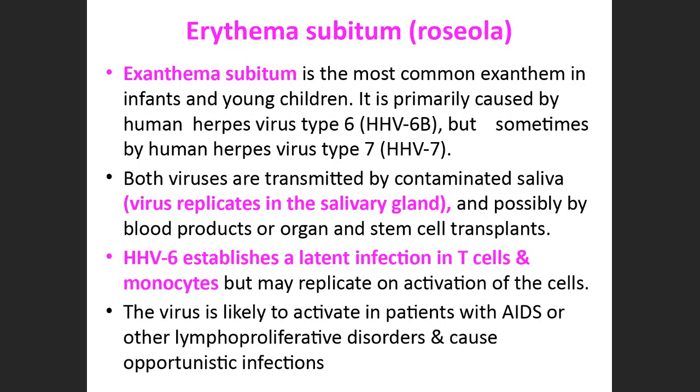Here the virus replicates in the salivary gland of the patient. Then the virus establishes a latent infection in T cells and monocytes, and it may also replicate on activation of these cells. Very importantly, in immunosuppressive and lymphoproliferative disorders, the virus is likely to activate and cause many infections in these patients.